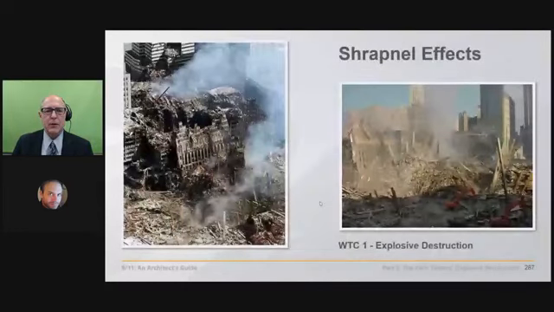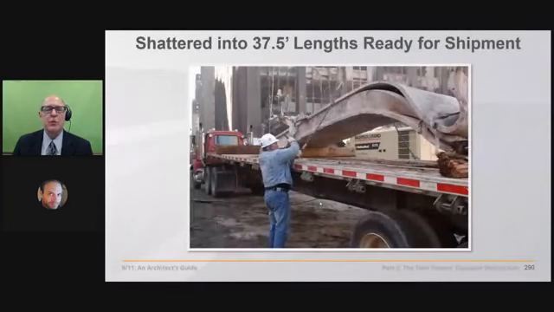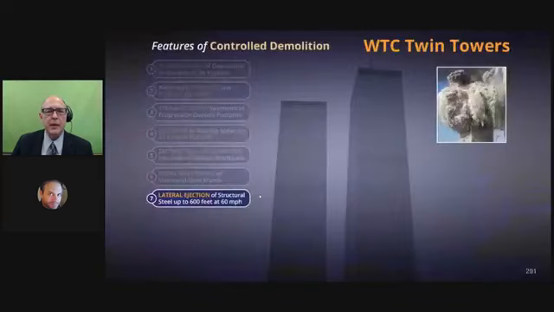Well, that's exactly what we have at the World Trade Center towers, as you can see, with the individual columns broken up one from the other in their original 37.5-foot lengths, shipped and hauled away.